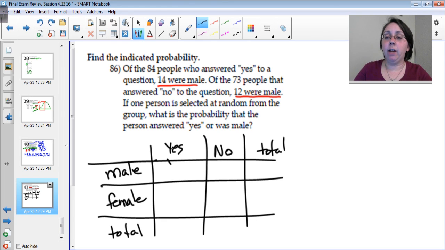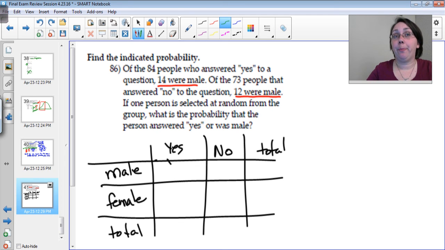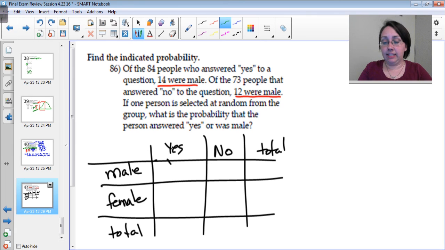So first of all, 84 people answered yes. Where would that go in our table? Total for where, though? The yeses. So underneath the yeses, all the way down, put 84. Now, of those 84 people, you know 14 were male. So what do you know about the females then?